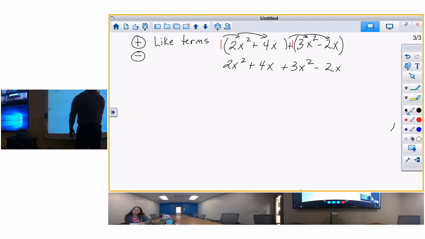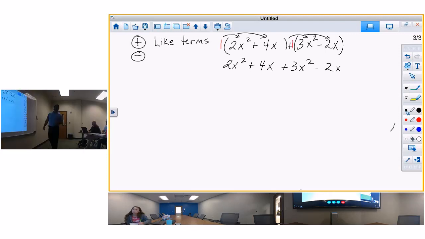Now here we have a polynomial, and we have terms inside that can be combined, because they are alike. Think of it like this. When you go to the grocery store, you get 3 boxes of cereal plus 2 boxes of cereal. You got 5 boxes of cereal. They may be cornflakes and Raisin Bran, but they're boxes of cereal. Boxes of cereal is a label. X squared is a label. X is a label. X squared is like boxes of cereal.